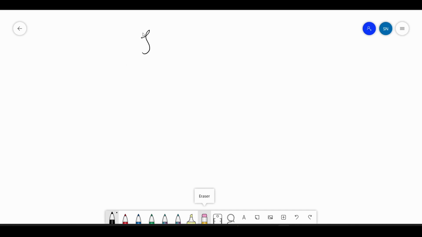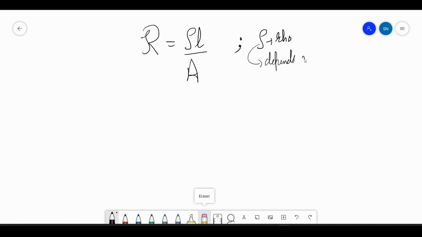So mathematically speaking, resistance is equivalent to rho L upon A. This is called rho, a Greek letter, and this depends on the nature of material only.